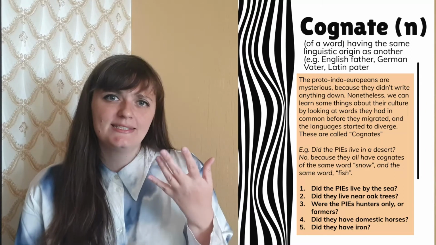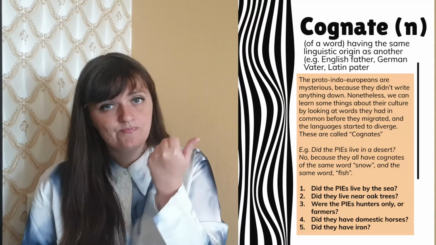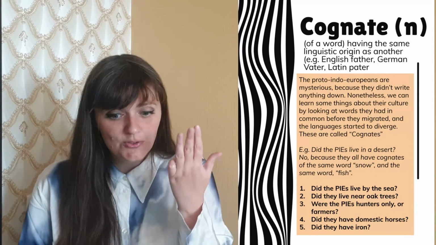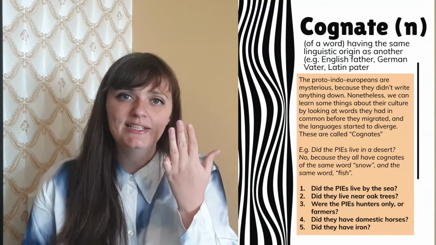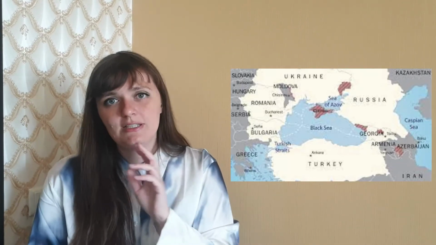But from our best guess, we can guess that the Indo-Europeans had horses, they had farming, they lived somewhere near snow, and they also lived somewhere near oak trees. So overall, our best guess was that they must have been somewhere near the Black Sea, where there is snow, fish, the right kind of oaks, and it's in the right region to be the origin of the Indo-Europeans in terms of archaeology as well as linguistically.